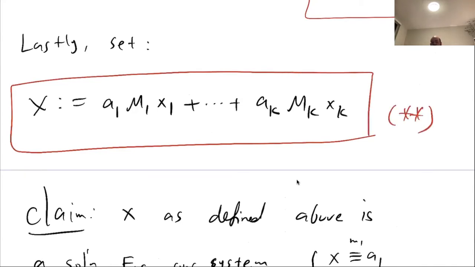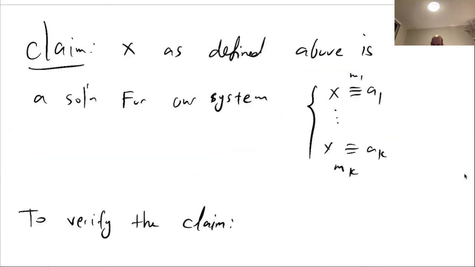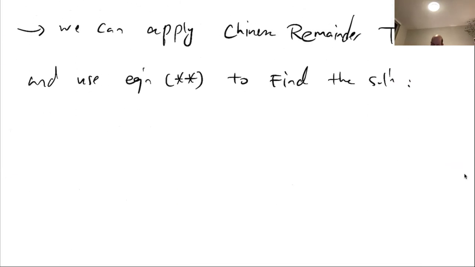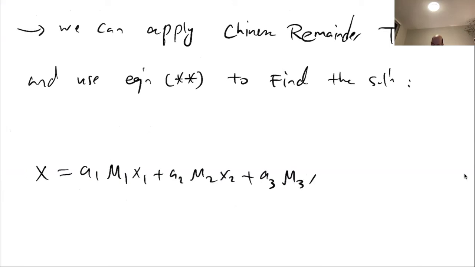The Chinese remainder theorem tells us that if you want to solve the system, the solution x can be given by this equation: a1 m1 x1 plus a2 m2 x2 plus a3 m3 x3 and so on. Right now I have only 3 of them. So x is a1 M1 x1 plus a2 M2 x2 plus a3 M3 x3.